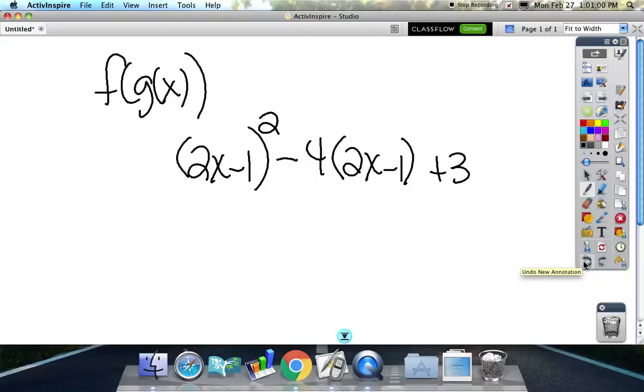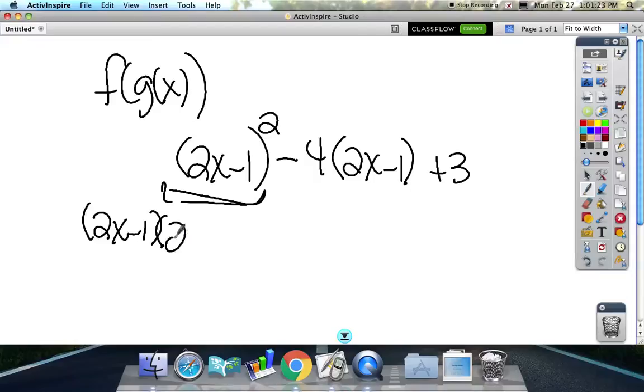We've done the quadratic formula, but we never used our calculators. Okay? So, what am I going to do about this term right here? Is that going to be 4x squared plus 1? Tell me how I'm going to work that out. 2x minus 1 times 2x minus 1.